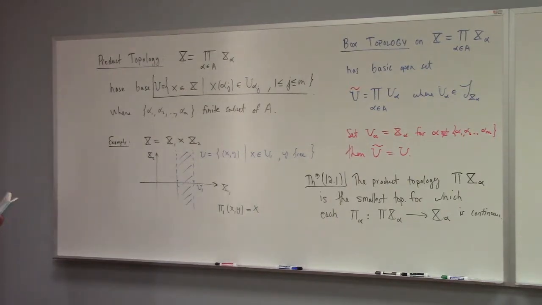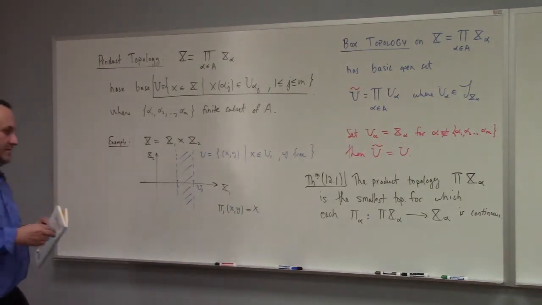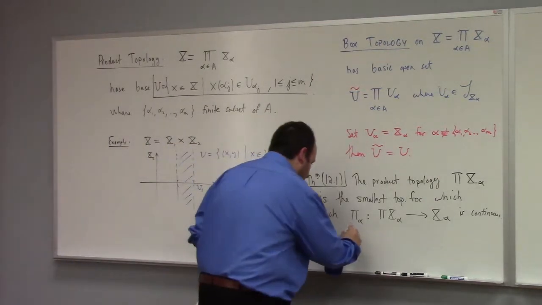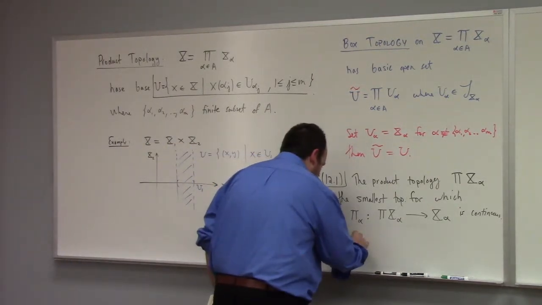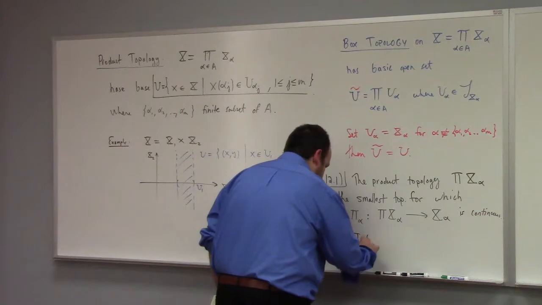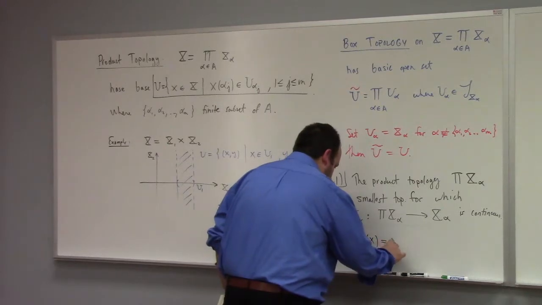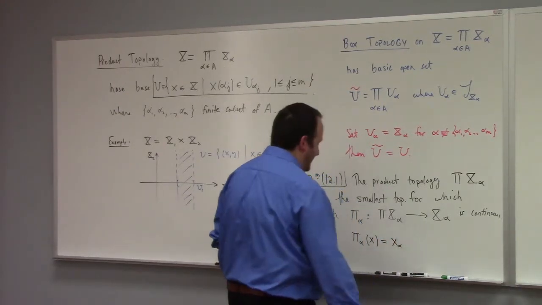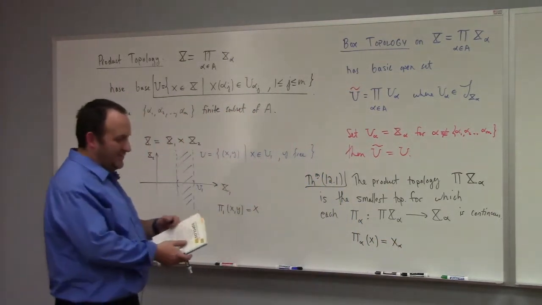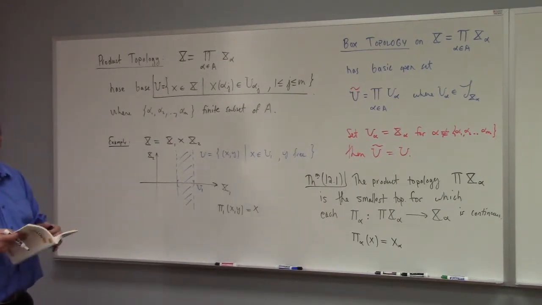The projection is defined for something like this, pi alpha of x is equal to, I don't know. I mean, it doesn't seem like I'm saying anything there.